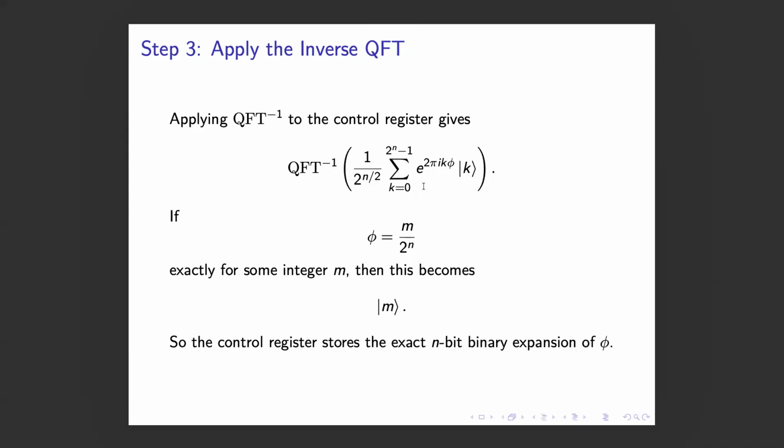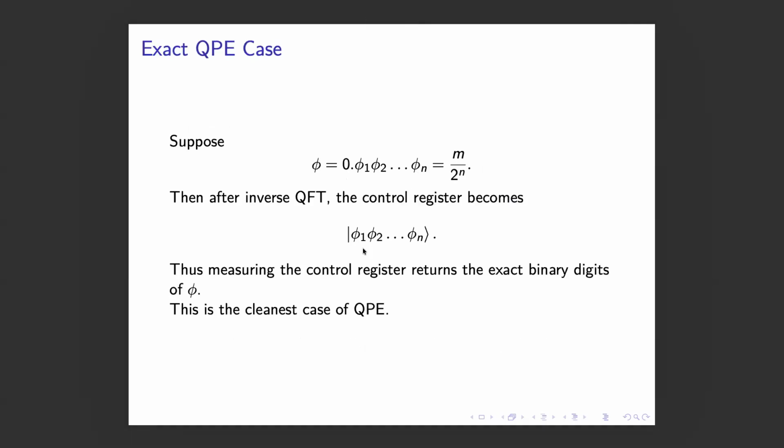So when you apply the inverse Fourier transform to this control register, if phi is given by some integer m divided by 2 to the power of n, then this simply becomes the state m. So the control register can store the exact n-bit binary expansion of phi. Suppose phi is given by m divided by 2 to the power of n.